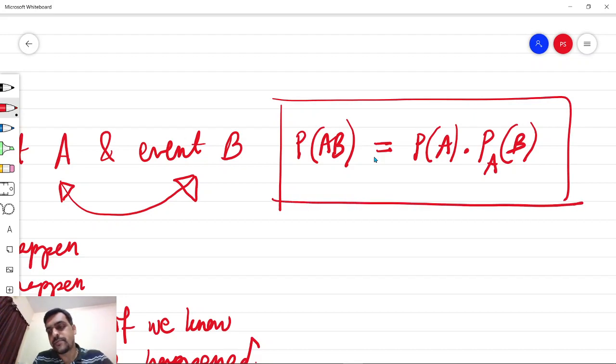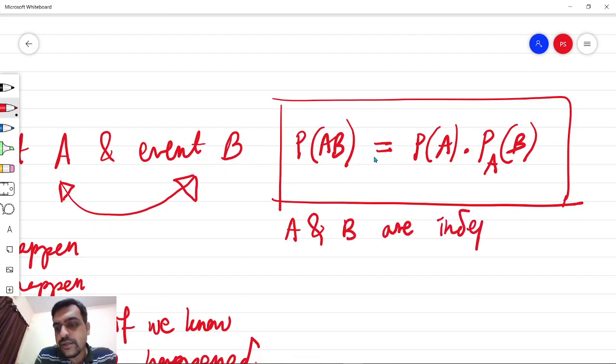Now suppose that event B and A are independent. So they have nothing to do with each other.